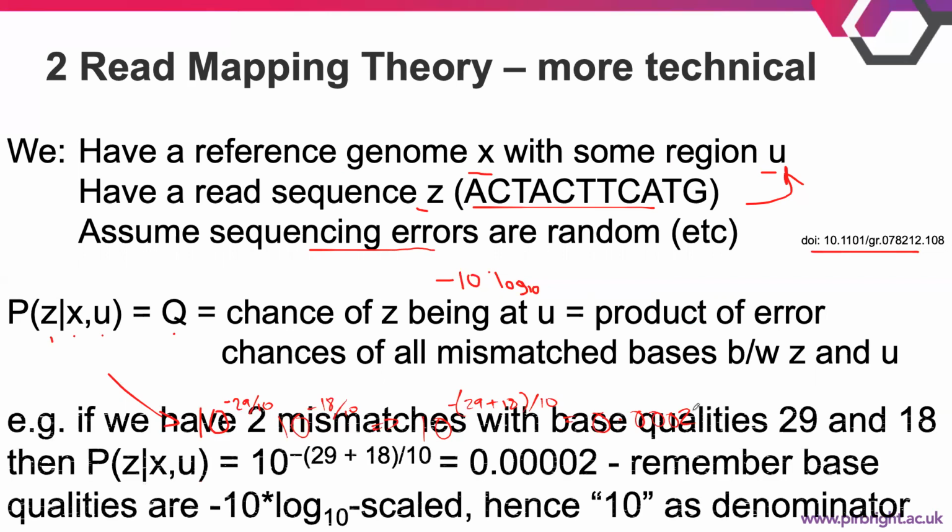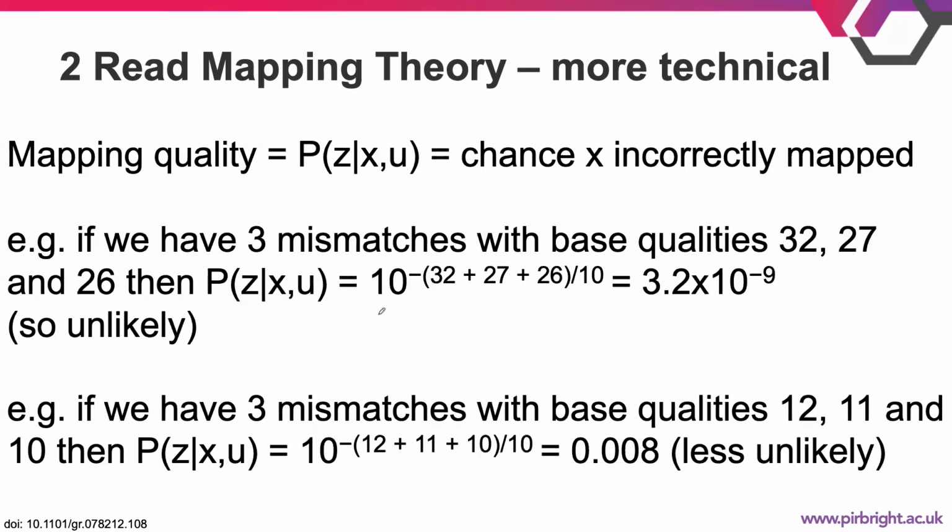If we look at a further example, again with the same principle, probability of Z being at U given X, if we have 3 mismatched bases, if the same approach works, when we add these all up, we find that the probability will be quite small here because you have these mismatched bases. So these indicate that these are high quality differences between the read and the reference, suggesting that the read does not actually map here.